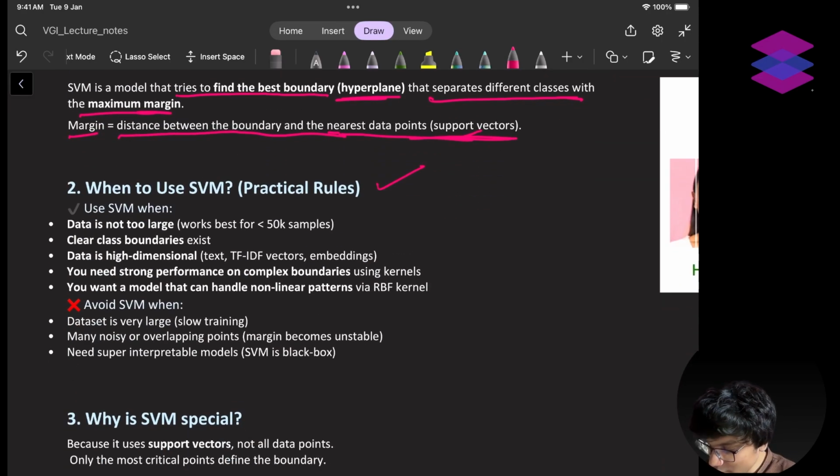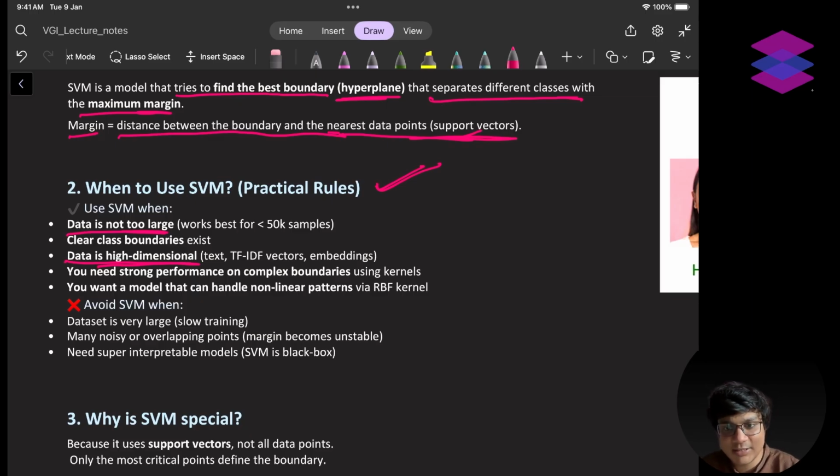Then when to use a support vector machine, that is very important. Use it when your data is not too large but is high dimensional. Where is data very high dimensional? Suppose you are creating a face recognition algorithm, which is part of computer vision.